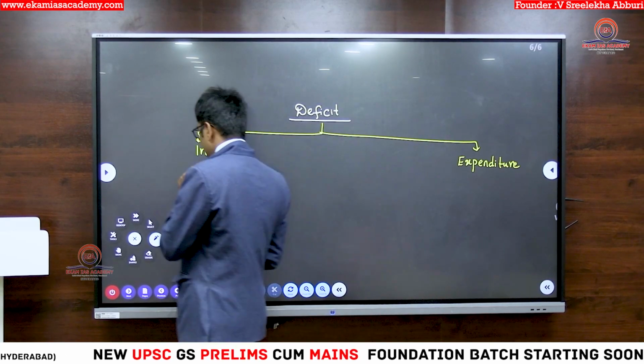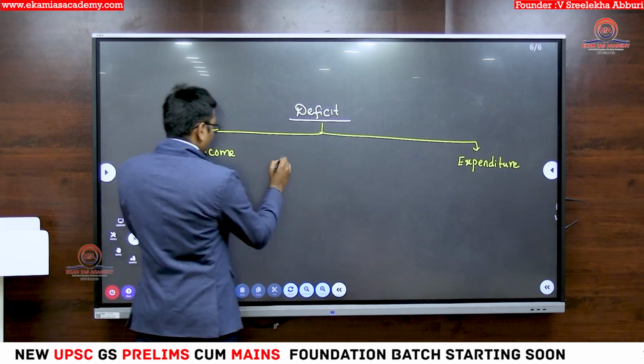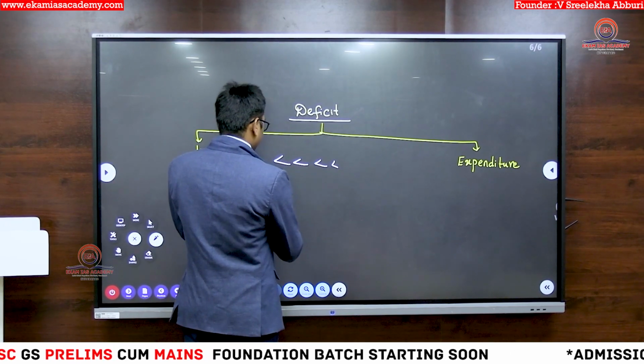So whenever income is less than expenditure, you call it a deficit situation.